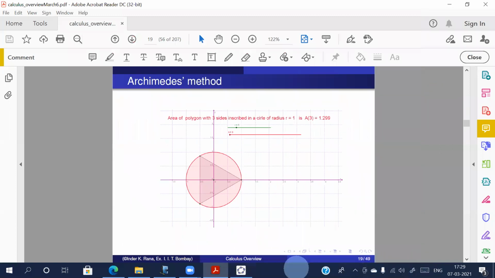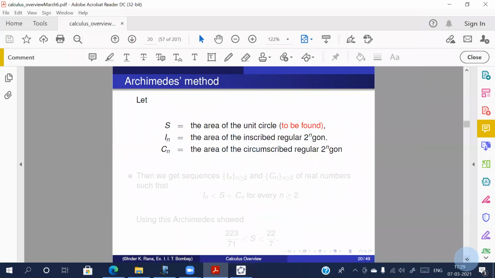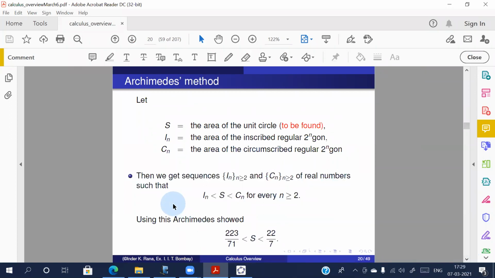And with these ideas, he could get an approximation, where S is the area of the circle. If you take the inscribed n-gons In and circumscribed n-gons Cn, because they are all rectilinear figures, their areas can be found.